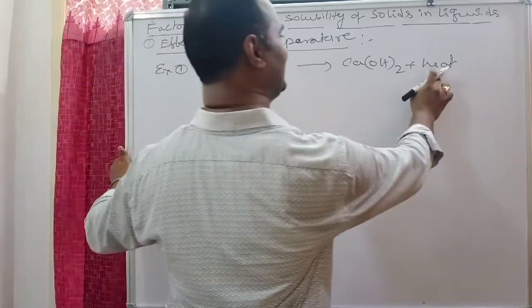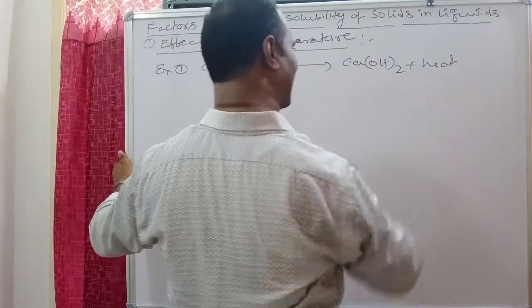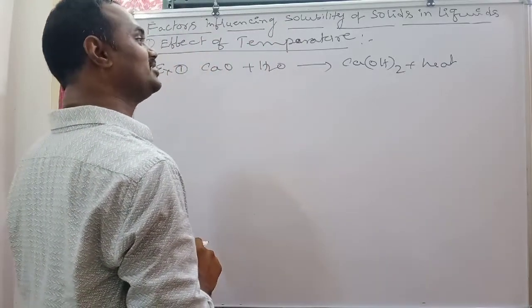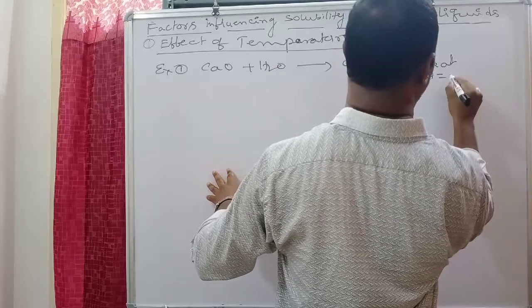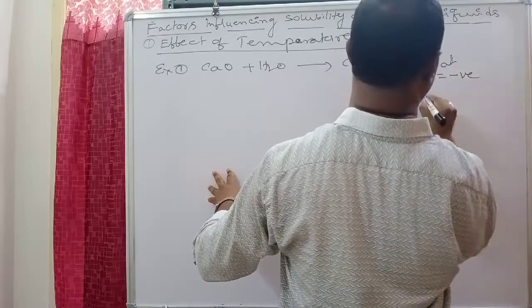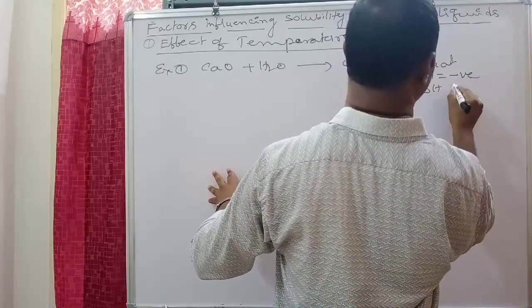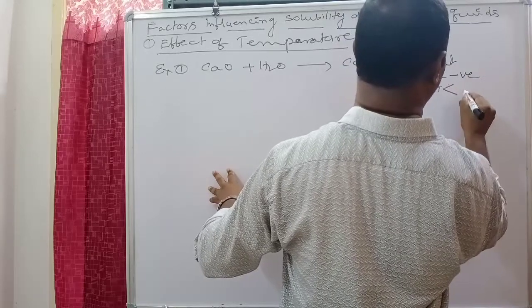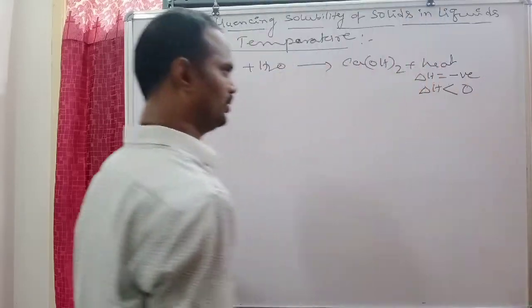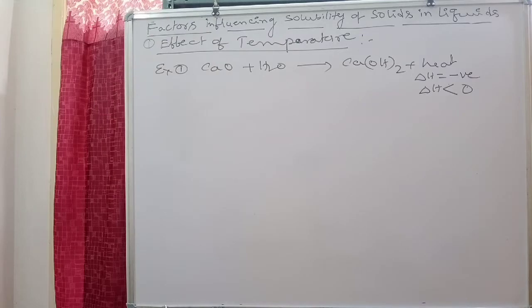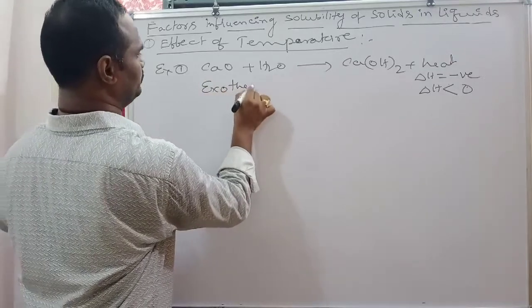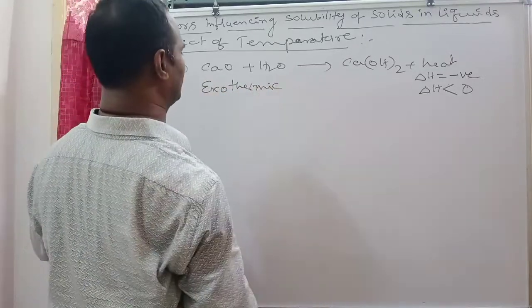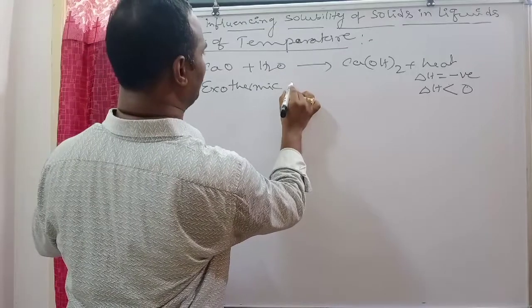If the heat is on the product side with a plus sign, it indicates that energy is released. In such cases, delta H is negative, or delta H is less than 0. Such a process we call an exothermic process.